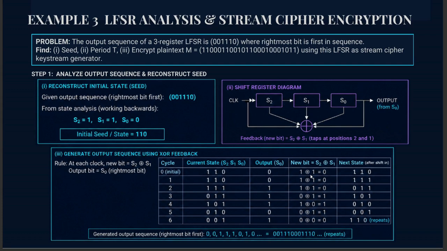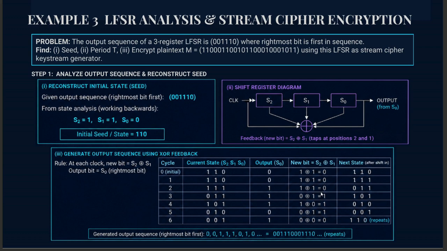In the next cycle, the current state is 110. Output 0. Calculate the feedback, that is S2 XOR S1, 1 XOR 1, 0. After shifting and inserting the feedback 0, the next state becomes 111. Going to cycle 2, the current state is 111.